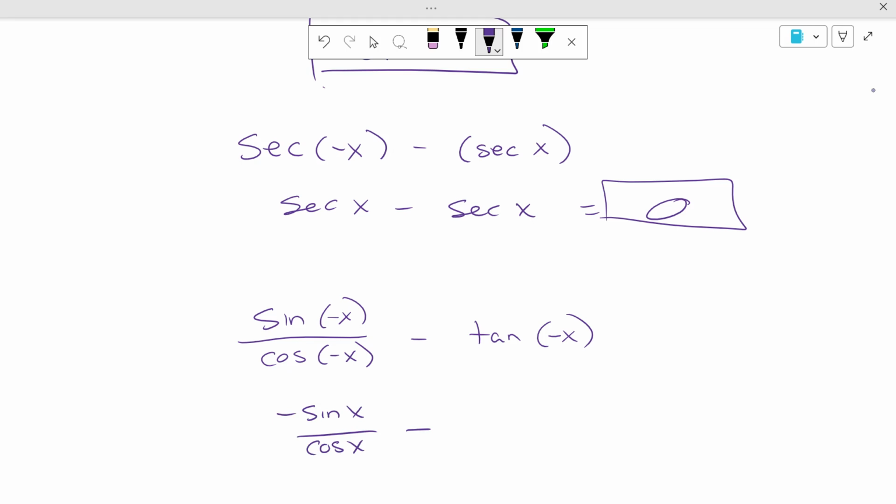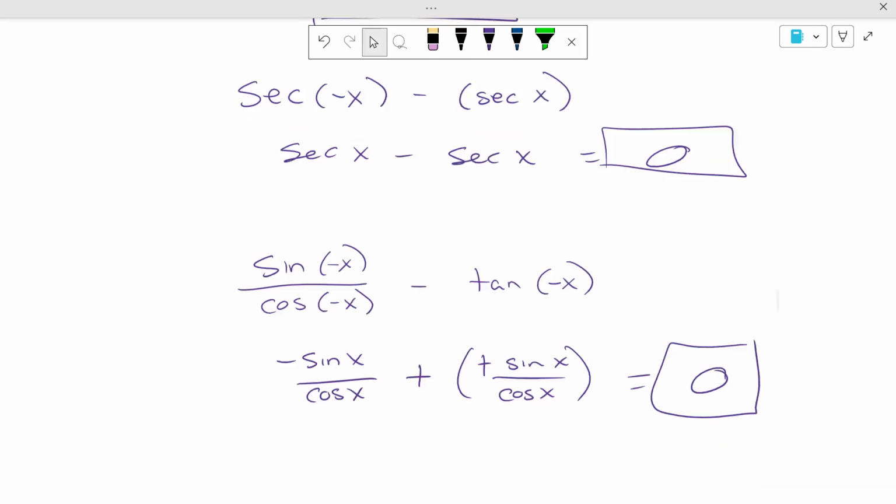Tangent of negative x is negative tangent of x, so minus a negative sine of x over cosine of x, right? Because tangent is sine over cosine, and if it's negative, it's negative sine over cosine. Well, minus a negative is plus a positive. Negative plus a positive of the same thing is 0.